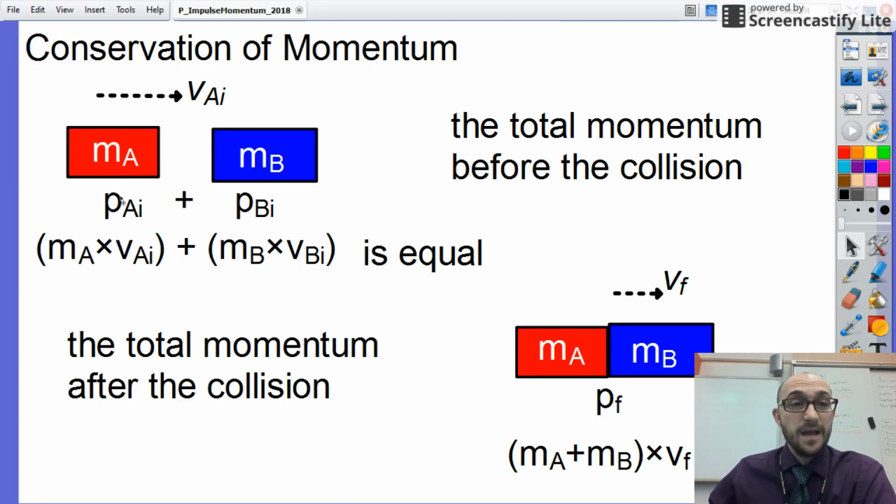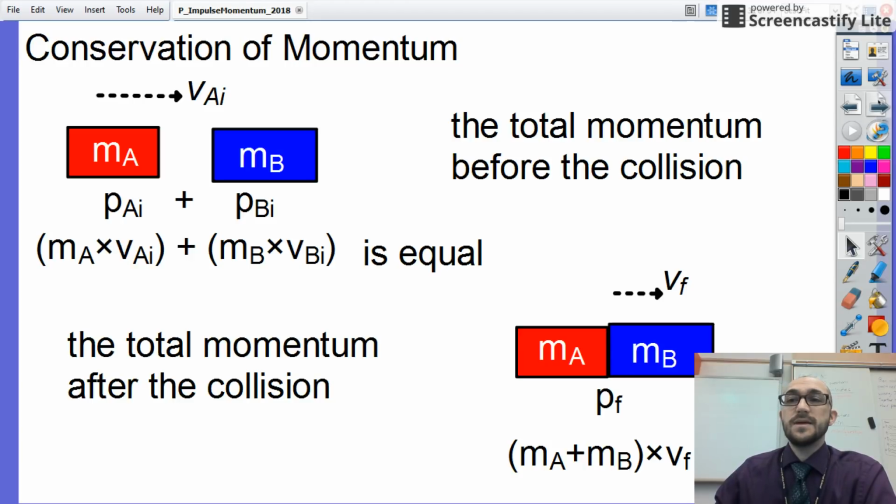Where the momentum of A is going to be mass of A times velocity of A, initial, for before the crash, plus the mass of B times the velocity of B, initial, before the crash. And the final momentum is going to be both masses added together, the total mass, times the total velocity after the crash, final. And the cool thing is that this is true for everything.